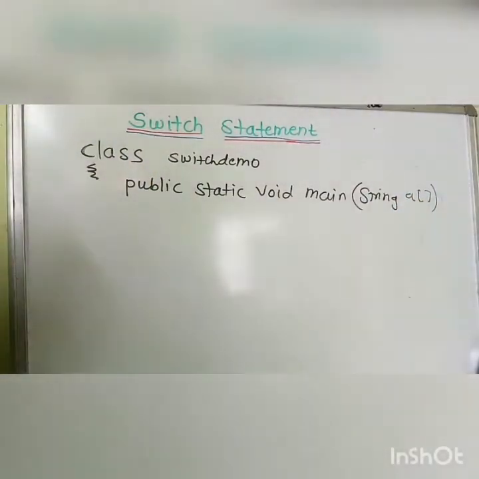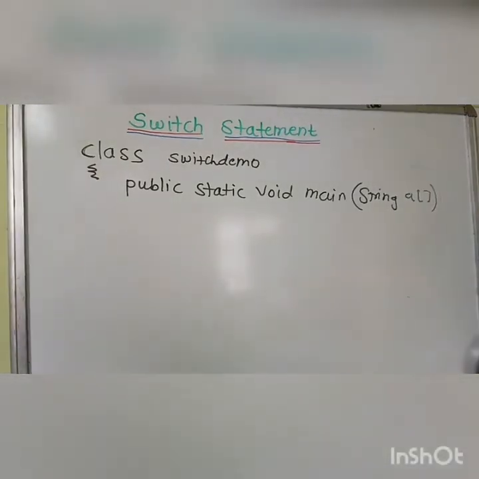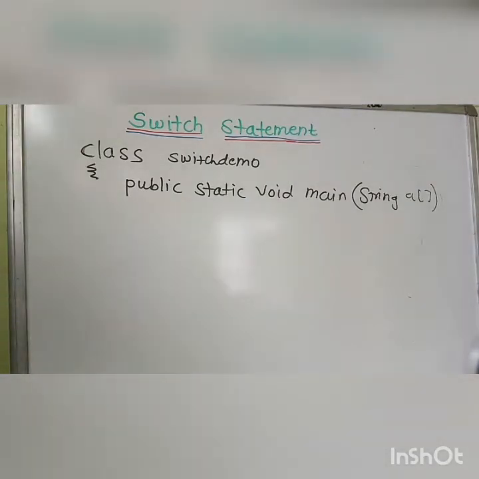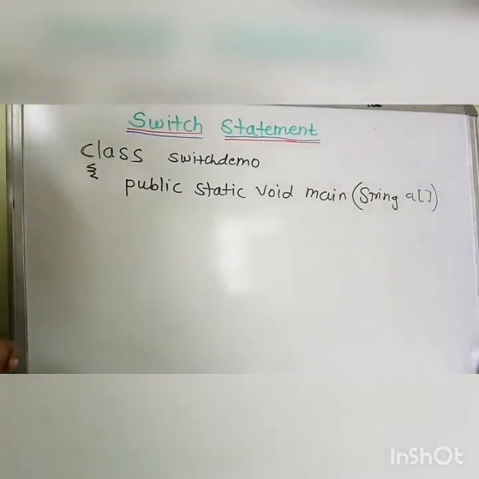Now we will demonstrate this: we will accept one number variable from the user, and then match it with the cases, taking this number as a month number and displaying the season of that number.